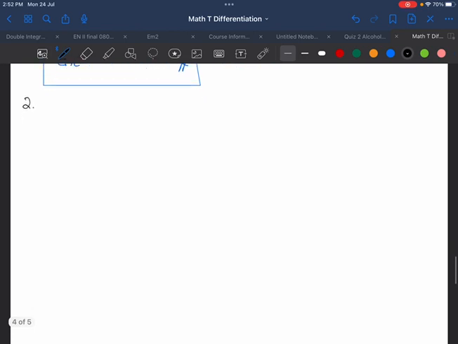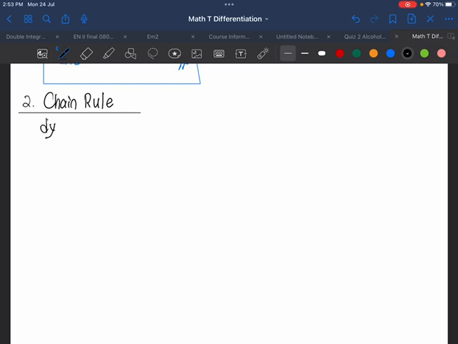The second thing is the chain rule. Actually the chain rule is quite simple, but it is a very important concept that will be applied at university level as well if you're taking engineering or mathematics courses. Note that dy/dx is equivalent to dy/du times du/dx.